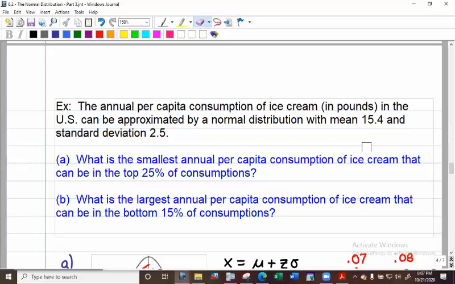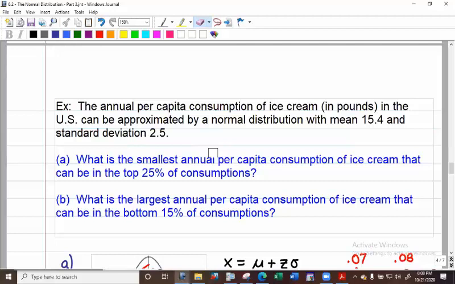Probably not something to brag about, I guess, but mean 15.4, standard deviation 2.5. The wording is a little tricky here, but once you see it: what is the smallest amount of ice cream that puts you in the top 25? It means essentially the bottom number of the top 25.